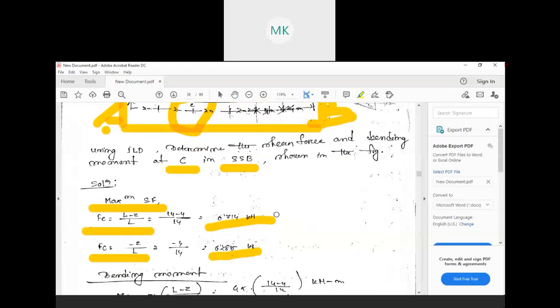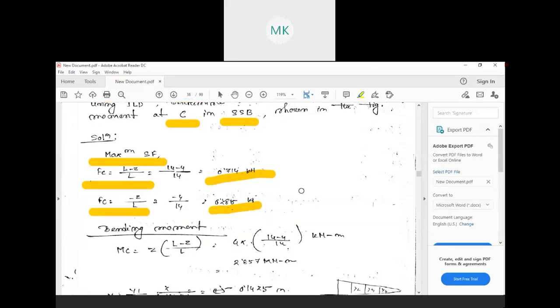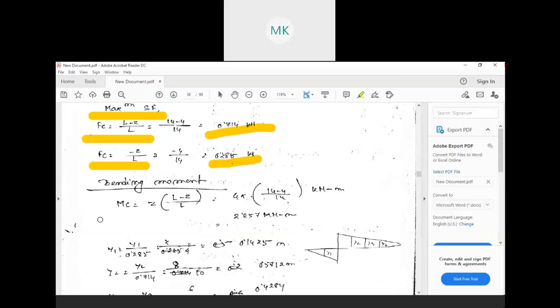Next, we need to find the bending moment. So again we know the formula.